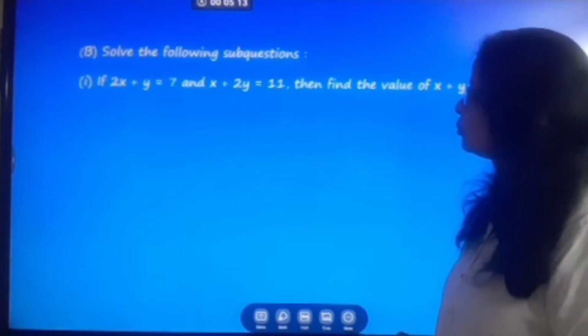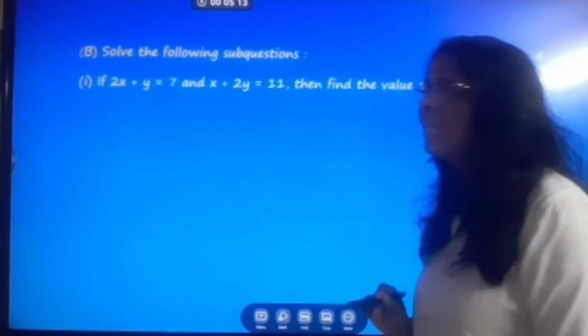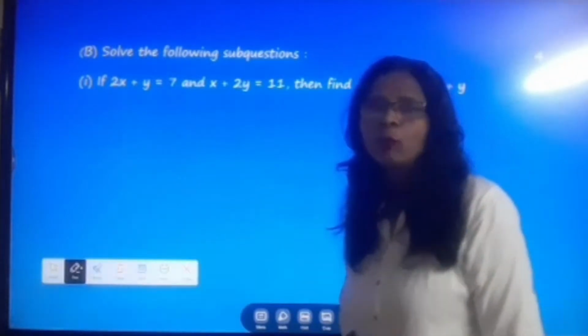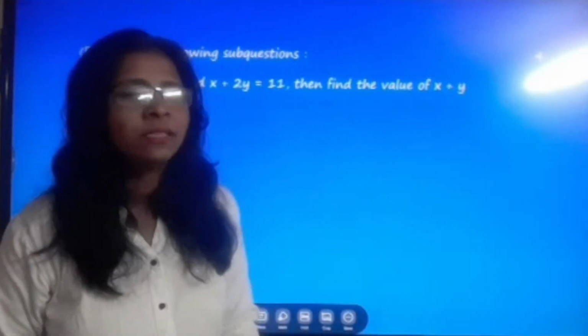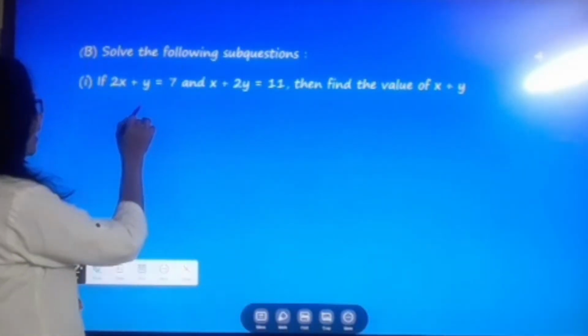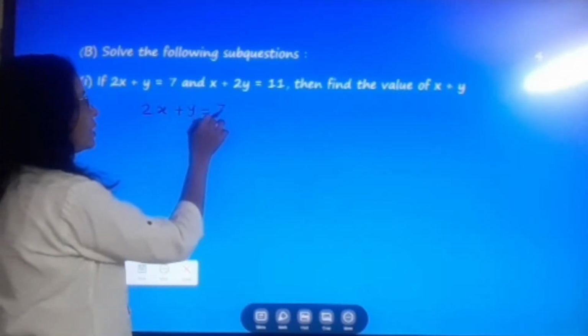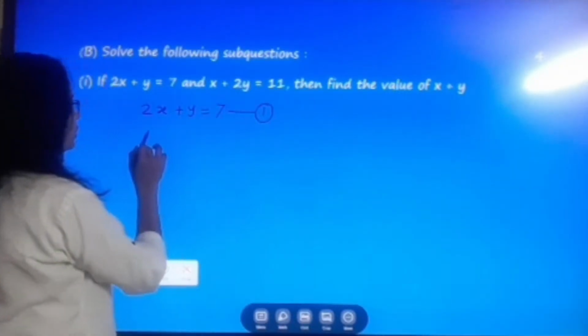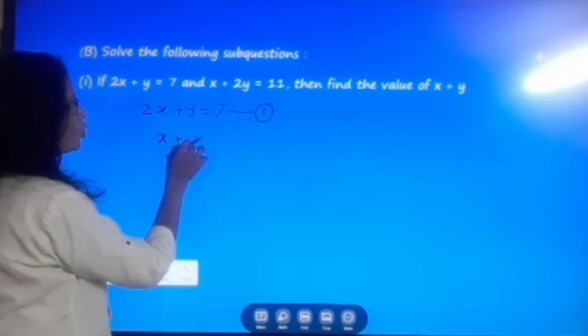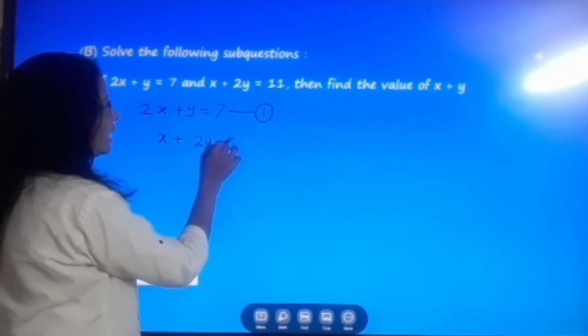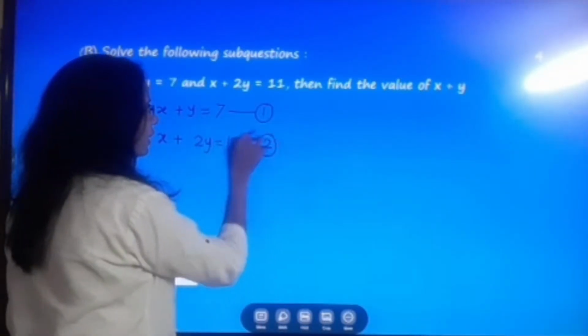So now here, students, we have two equations. First we write down the two equations one by one. Here I write the first equation, 2x plus y is equal to 7, call it the first equation. x plus 2y is equal to 11, call it the second equation.